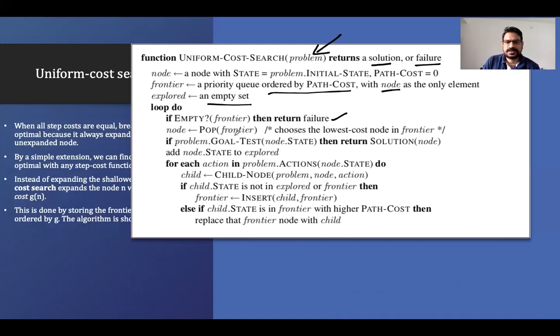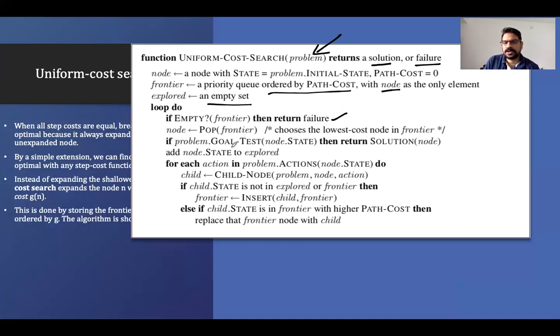Else, we pop the frontier node, right? Pop means we delete one of the frontier nodes. And how do we choose? We choose the lowest cost node in the frontier. So we find the lowest path cost, and that lowest path cost node is deleted from the frontier list.